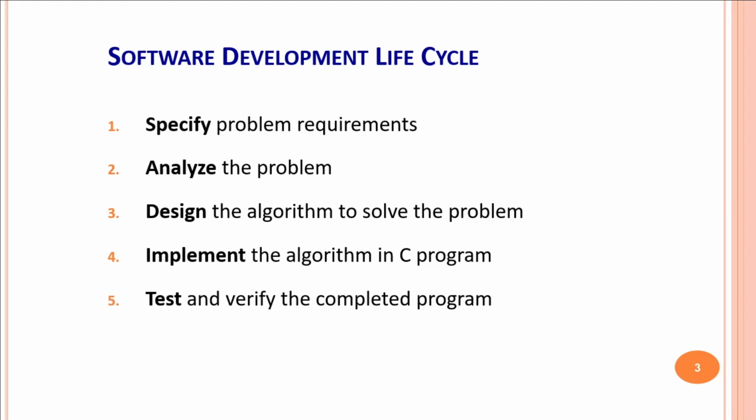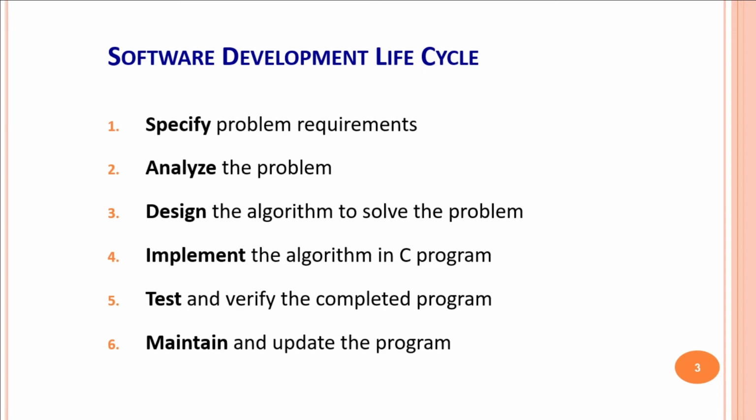Then once it has been coded, verify it: compile, execute and test whether the program is complete and gives the results it is expected to generate. So test and verify. And lastly, once the program is running, it is given to the user. As long as it is running, it is to be maintained and updated.